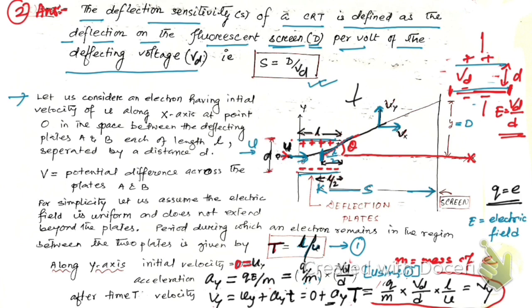This is the value of ay, right? Doing so we have got Vy is equal to this. This is the Vy, right? Let me take this as equation number 2.